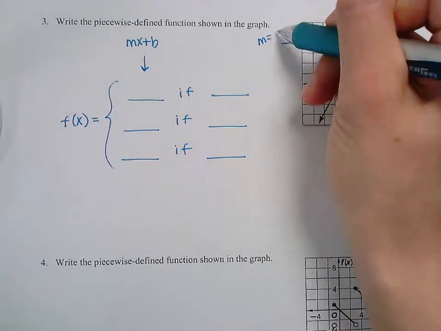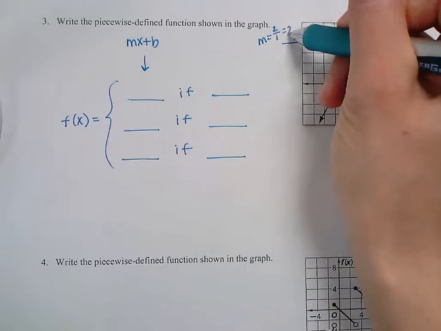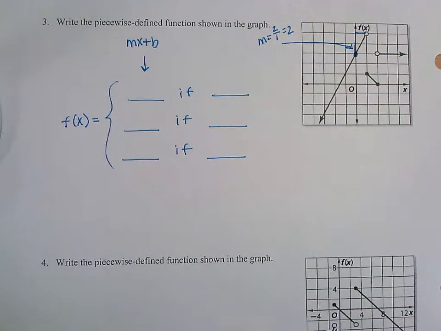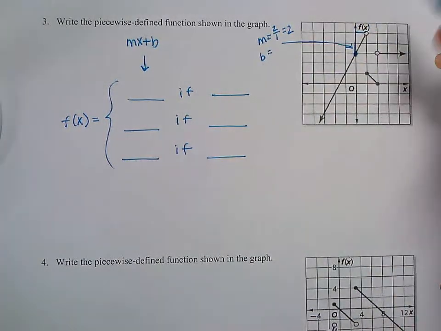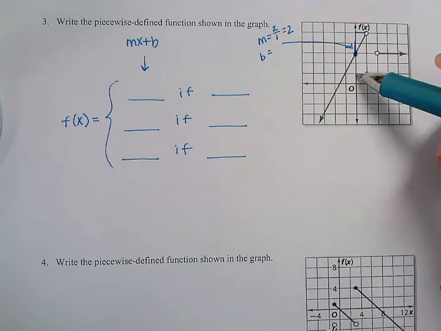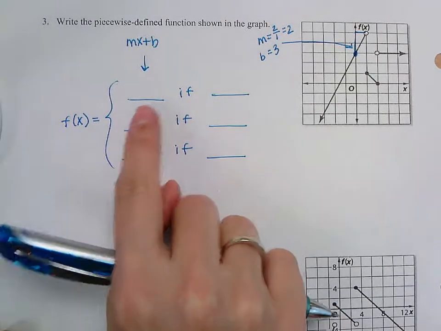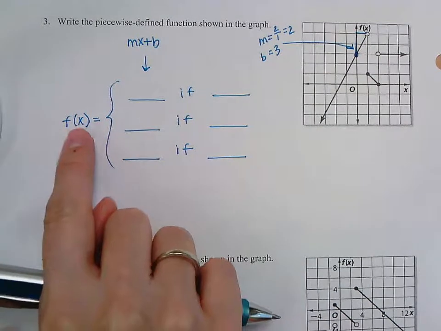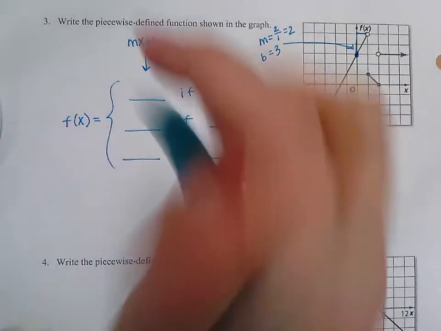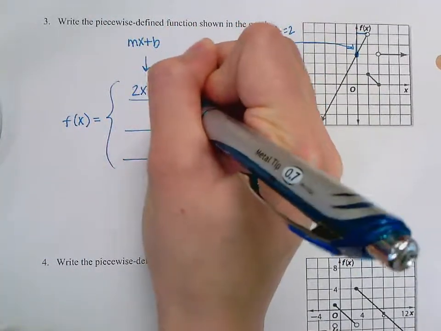So my slope is 2 over 1, which is 2. And then my y-intercept, my b, I had already marked is at 1, 2, 3. So that would be the line y equals 2x plus 3. You don't have to put the y equals though, because you already have the f of x equals out here. So it's just the 2x plus 3.